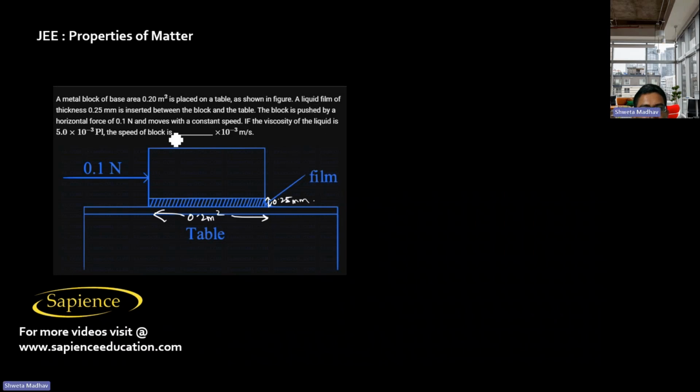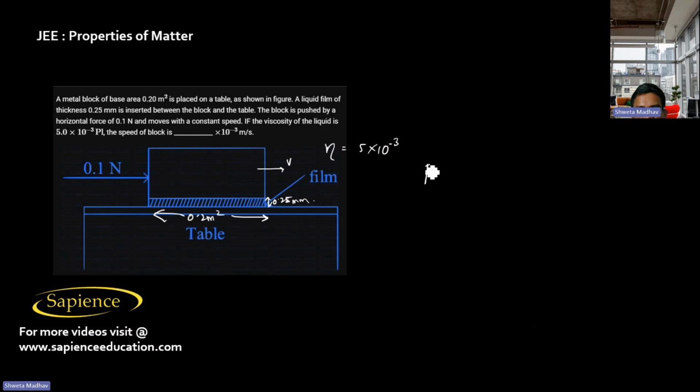The block is pushed by a horizontal force of 0.1 Newton and moves with a constant speed, let's say v. If the viscosity of the liquid, eta, is 5 into 10 power minus 3 pascal second, then the speed of the block is dash into 10 power minus 3 meter per second. So this speed you have to find out.